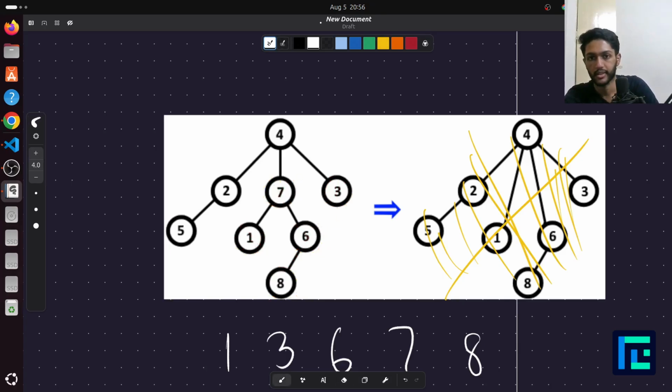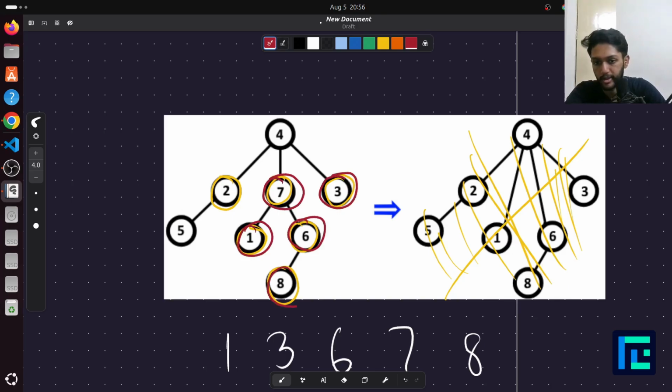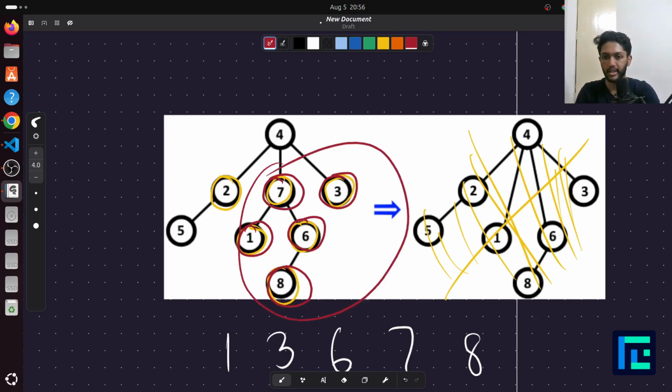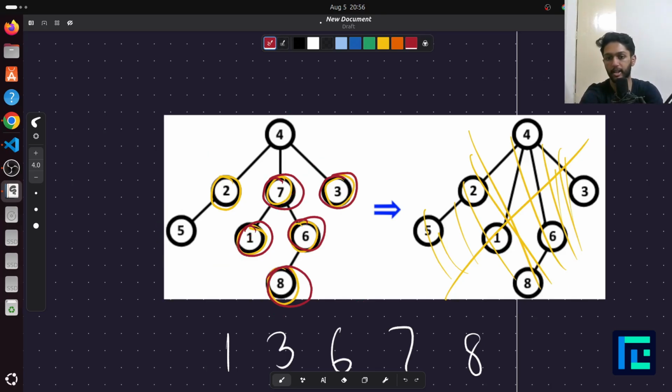Let's say we had these nodes as yellow, and I'll mark all the deletable nodes with red. 2 is not deletable initially because it has 5 as a child, which is 0. 7 is deletable because both of its children are yellow. Then 3 is deletable, 1 is deletable, 6 is deletable, and this is also deletable. So I have these 5 deletable nodes initially, and according to my claims, these will always be deletable, and none of the other nodes can ever become deletable.